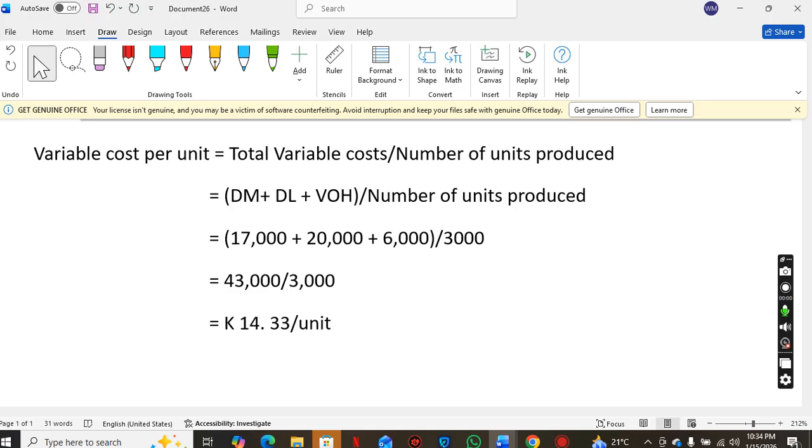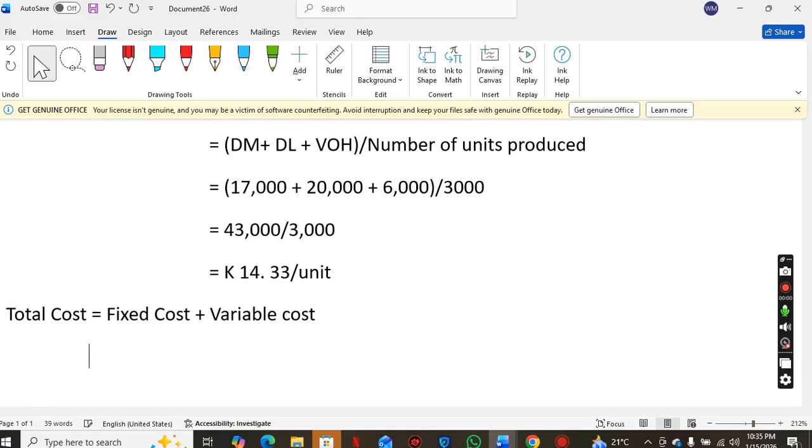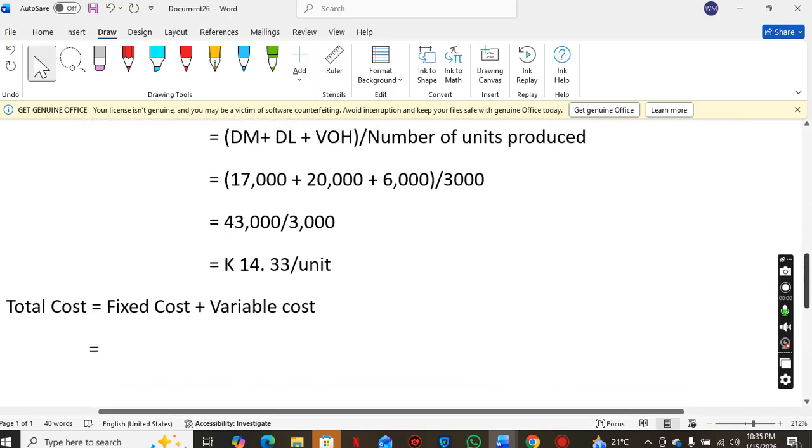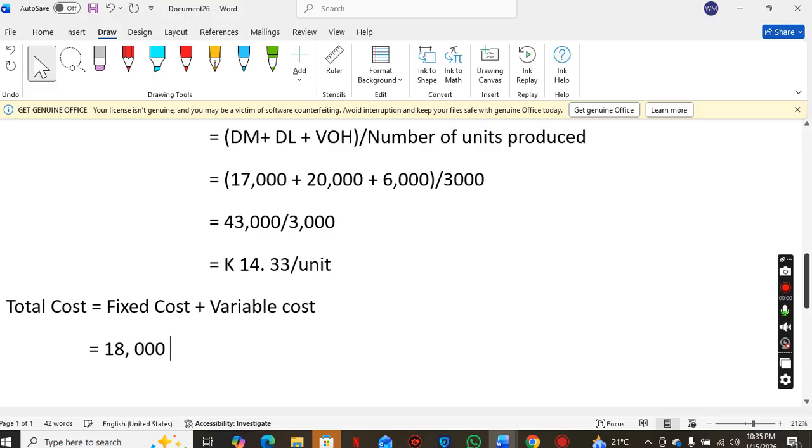So our total cost to produce is our fixed costs plus variable cost. So our fixed costs here, as I said, are still going to be these fixed overheads here, 18,000. Our variable cost, we produced 2,700 units. The variable cost per unit is 14.33 per unit.